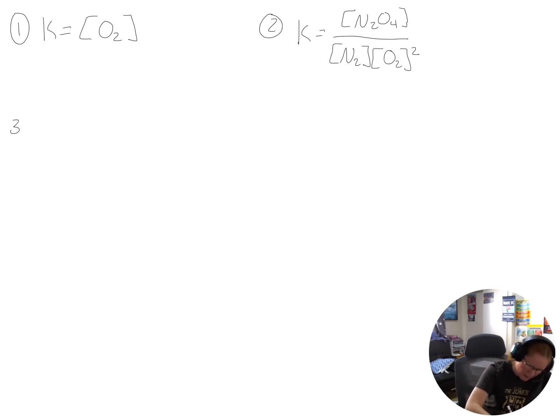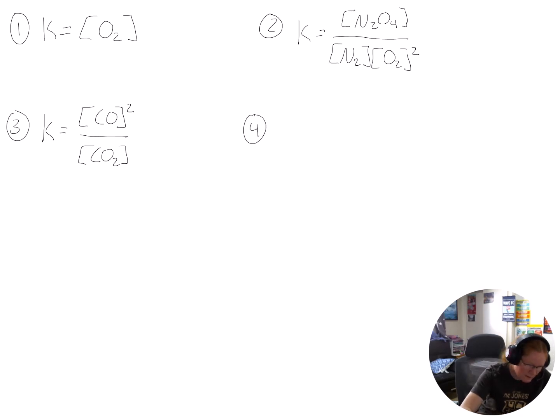Okay, our third one, we had some solid carbon. Now our third one was just that last reaction from the previous slide inverted, okay? And so this time the carbon monoxide's on the top, raised to the second power over the carbon dioxide. All right, and the last one, both of the reactants don't show up because one is a solid, one's a liquid, and so we're only going to get those products.